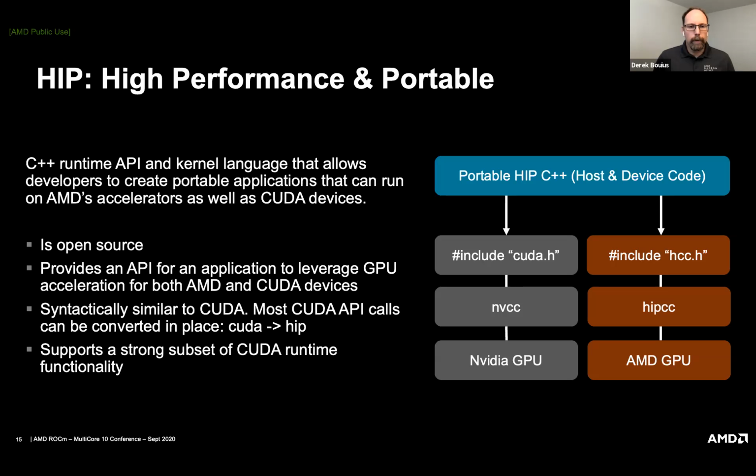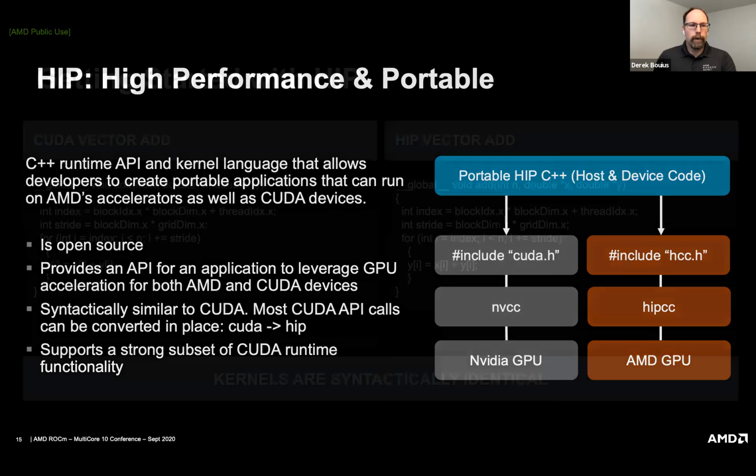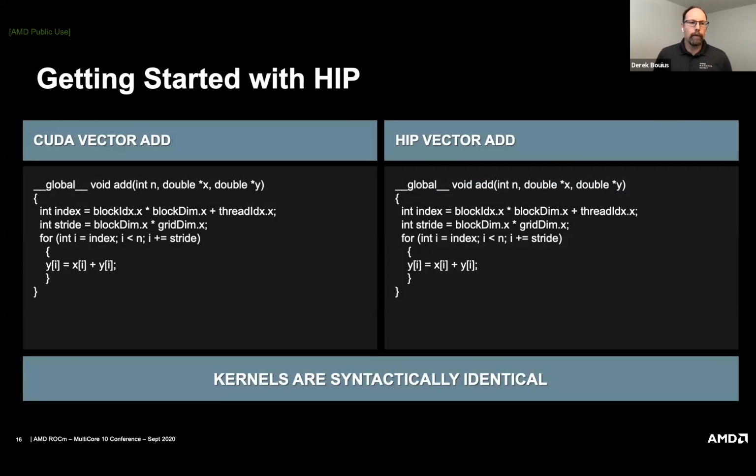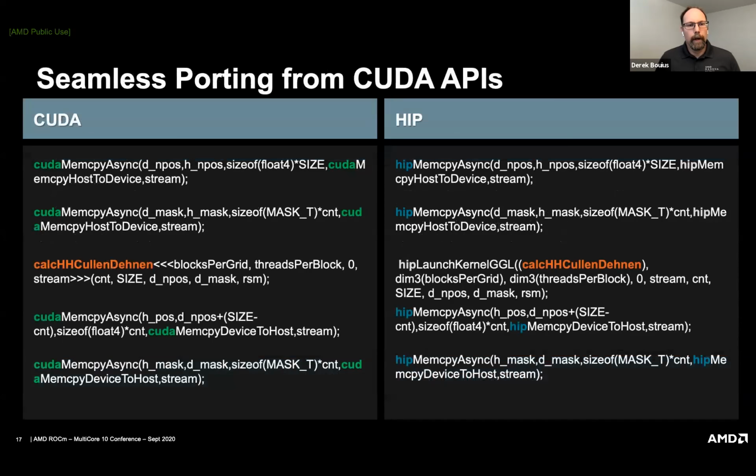It's easy to do, and one of the key things of why this works is because at the very low level, the implementation of a kernel is basically identical. So as you go through these different layers, you see that's the same, but as you port from CUDA to HIP, most of it is just a simple string replacement.